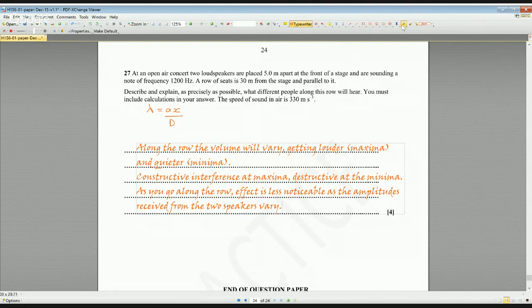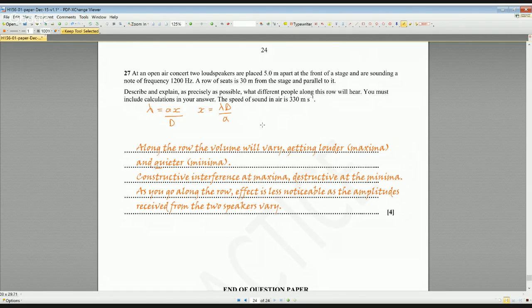So we should do a calculation here to work out what the spacing is between the loud and quiet, what it sounds like between the fringes. So we learn that lambda is ax over d. We could find out x by rearranging that. We get x equals lambda d by a.